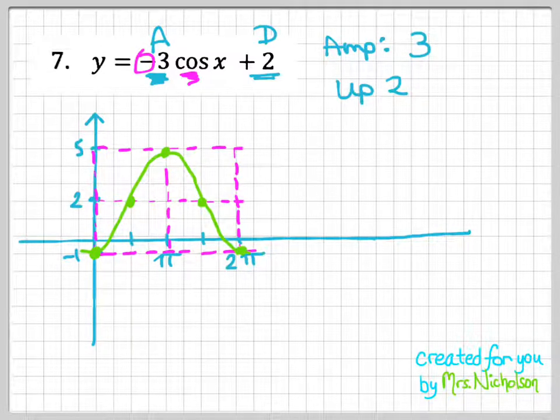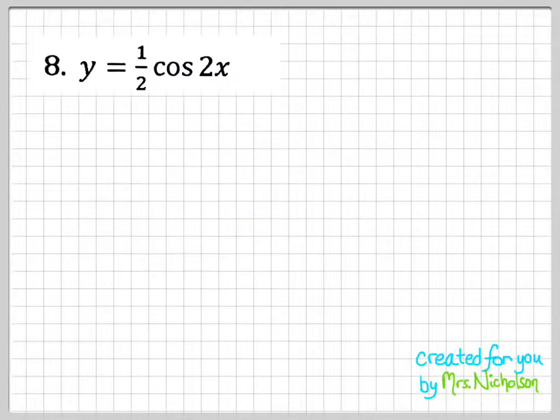And so there's our cosine graph, and we can do one more. Let me do one more cycle. And there we go. Let's move on to the next one.